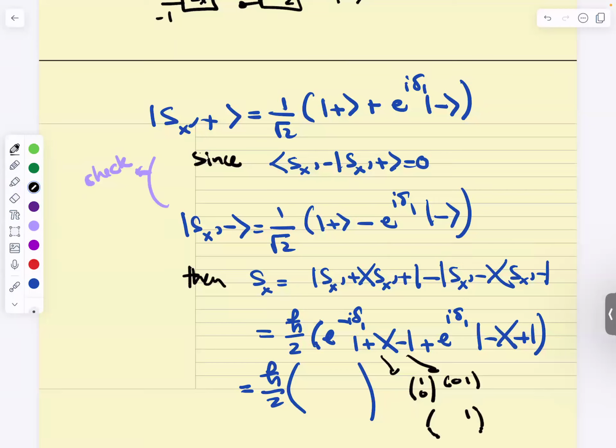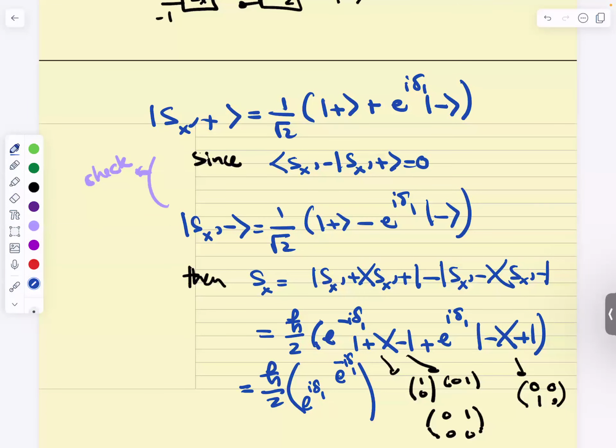So it gives you 1, 0, 0, 0. This one gives you 0, 0, 1, 0. Therefore, this matrix has e to the power of minus i delta 1 and e to the power of i delta 1. The things I don't write are zeros. It's conventional that you don't write the zeros. Good? Are you with me? Questions?